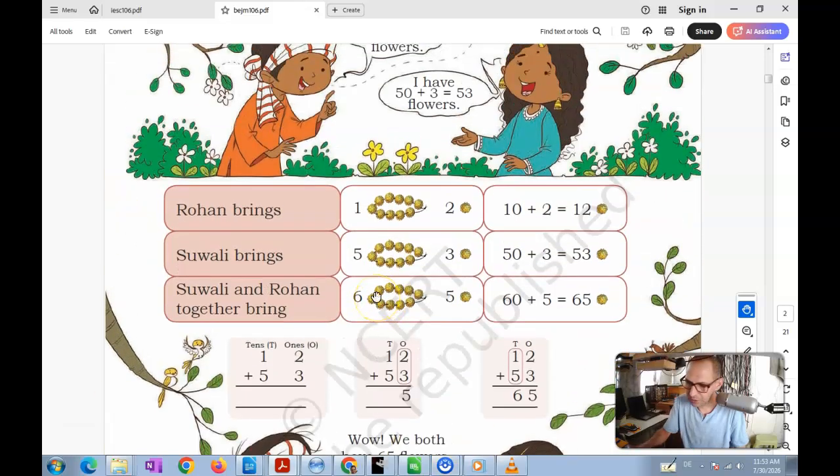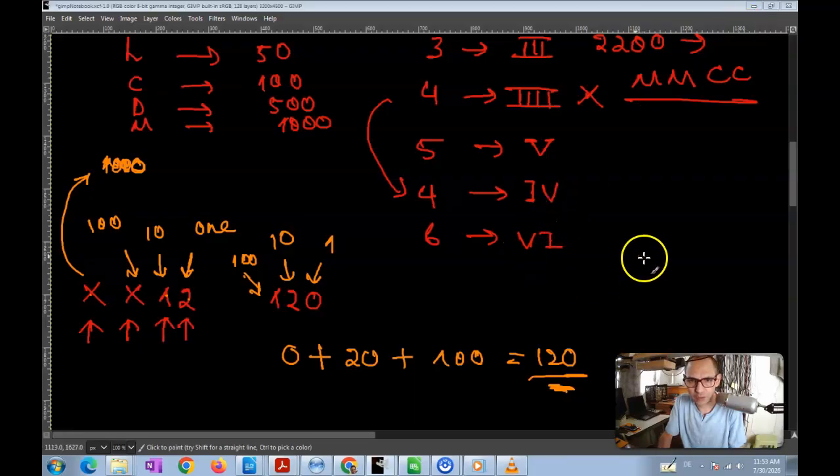So that is why we write our numbers the way that we write them. Based on the place value system, you know that you have to put a 1 over here. Let's say that you had 120 pebbles or 120 marbles. You keep counting your marbles, and then you come to the number 120.